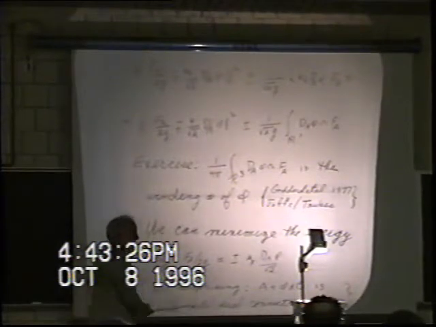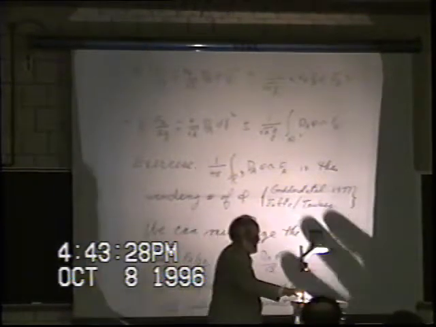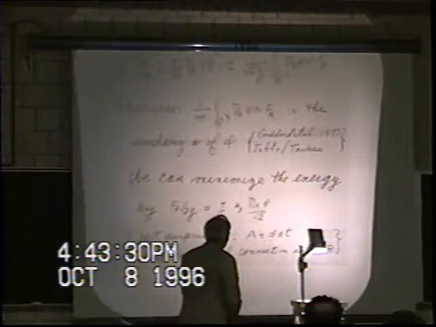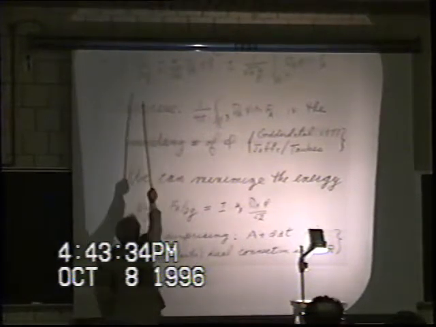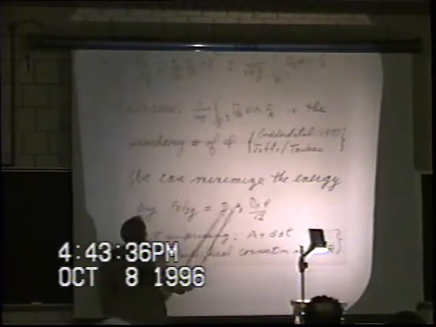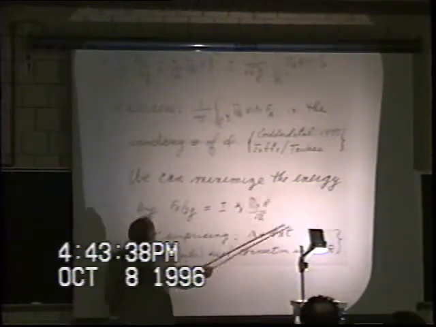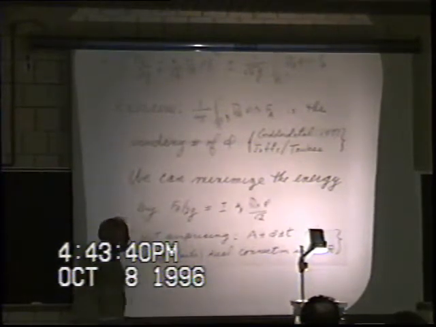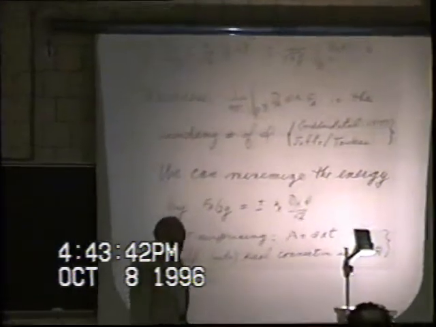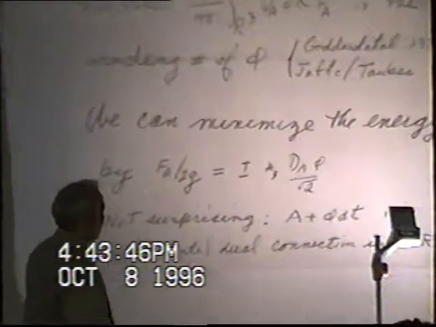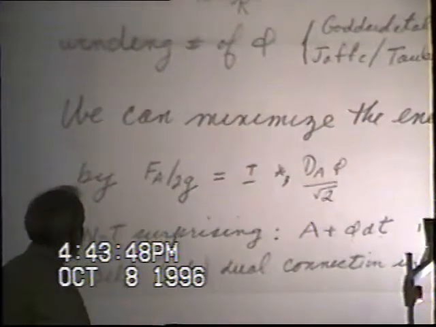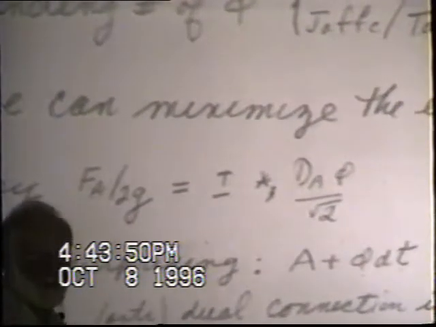So we could minimize the energy by writing FA over 2G, making that non-negative term equal to 0, is equal to this, depending on the charge, the sign of the winding number, just like it depended on the sign of C2 in the self-dual case.